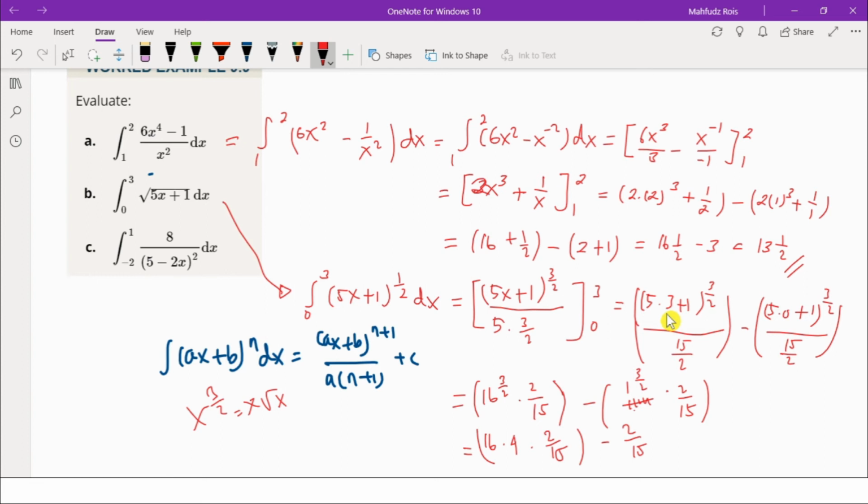So this one actually is 64 over 15 times 2, 64 times 2 is 128 over 15, minus 2 over 15, so it will be 126 over 15.